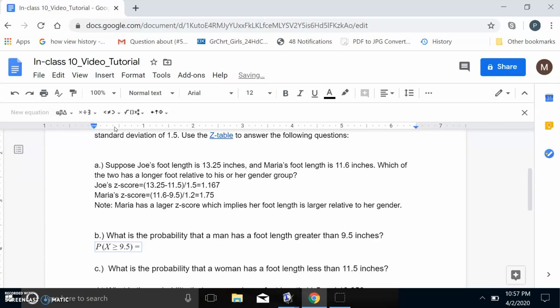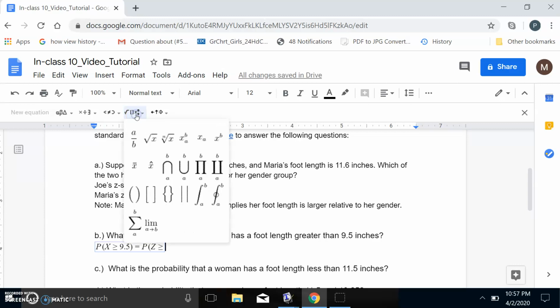Since this is for the men's normal distribution, we have to change it to a standard normal. So we'll do the z-score. It'll be z greater than or equal to our z-score here.